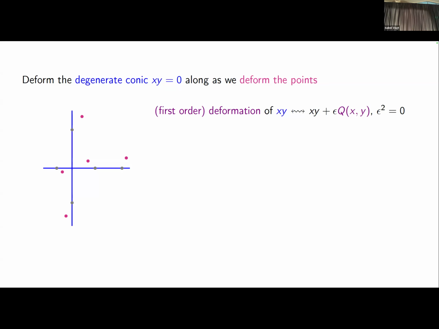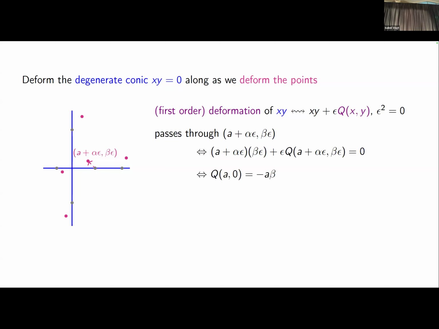So let's focus on one of those. Let's suppose we started with a point that began life on the x-axis. So let's say (a, 0), and I deformed it to (a + alpha epsilon, beta epsilon). So if I want my deformed conic to pass through this deformed point, then what should I do? Well, I just plug it in for x and y. So that becomes (a + alpha epsilon)(beta epsilon) + epsilon times q(a + alpha epsilon, beta epsilon) = 0.